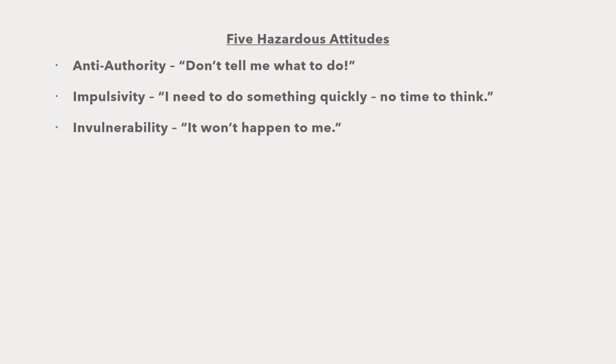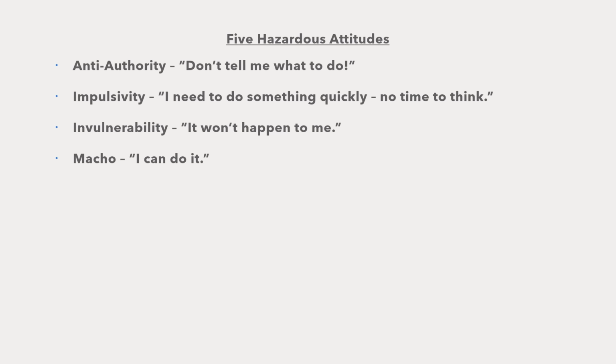Another one is invulnerability. The idea that it will never happen to me. Somebody can look at bad things happening to other people and feel like, well, that's other people. That wouldn't happen to me. I don't need to worry about it.